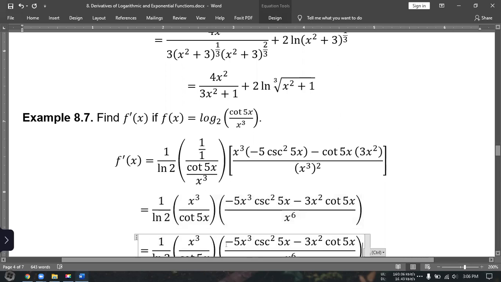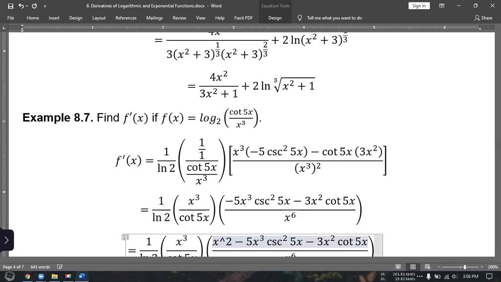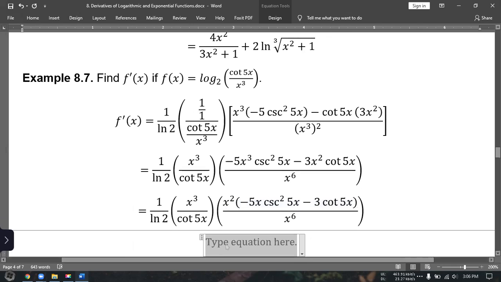We have here x squared. When we factor it out, this would be x na lang, no? And this is 3 na lang. Okay, so that I can now cancel the x squared here.